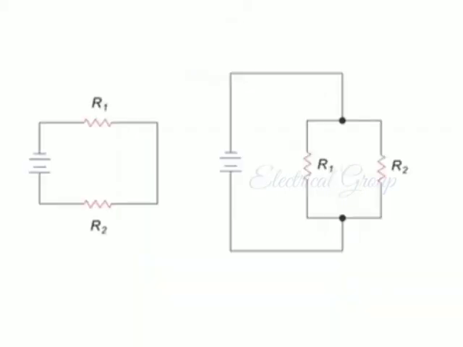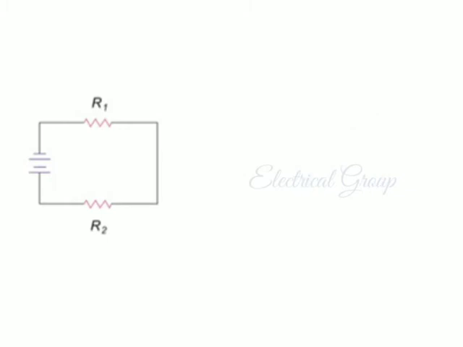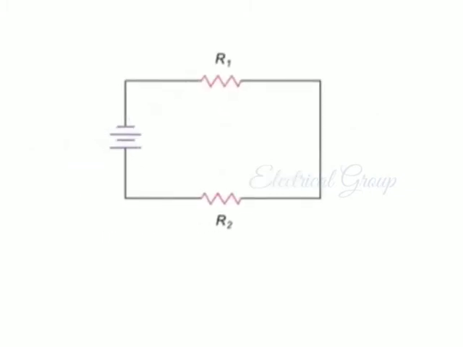Total resistance in series and parallel circuits can be determined using basic equations. The total resistance of load resistors R1, R2, and R3, shown here in series, can be determined by simply adding their ohms values together.